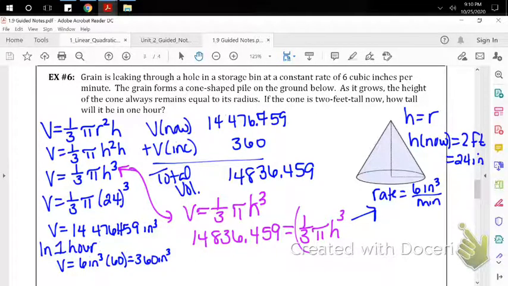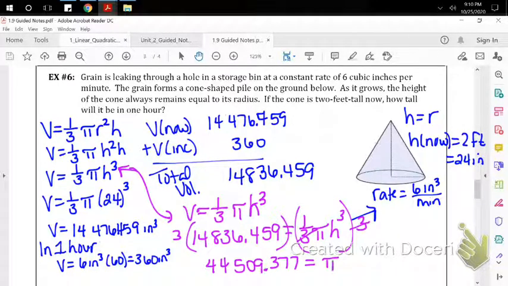We can. First, let's get rid of that fraction by multiplying by its denominator. So, 3. What we do to one side, we have to do to the other. So, I have 44,509.377 equals pi h cubed.